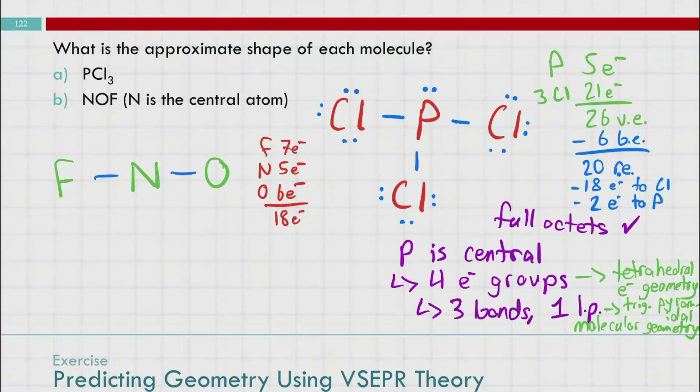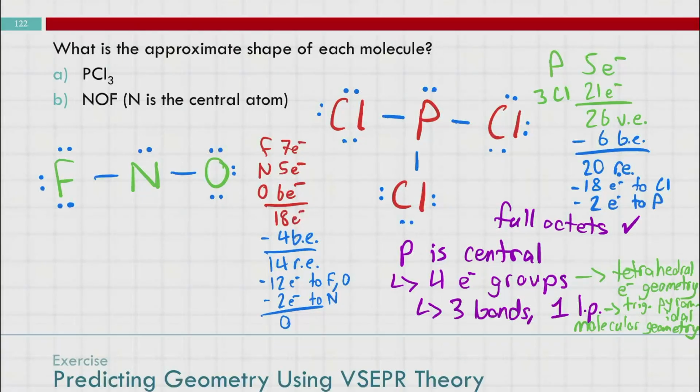Connect them with one bond between everything. We've got 14 remaining electrons. We'll place those, so 12 electrons to our outside groups, fluorine and oxygen, and then 2 electrons to nitrogen to use up all of our electrons.